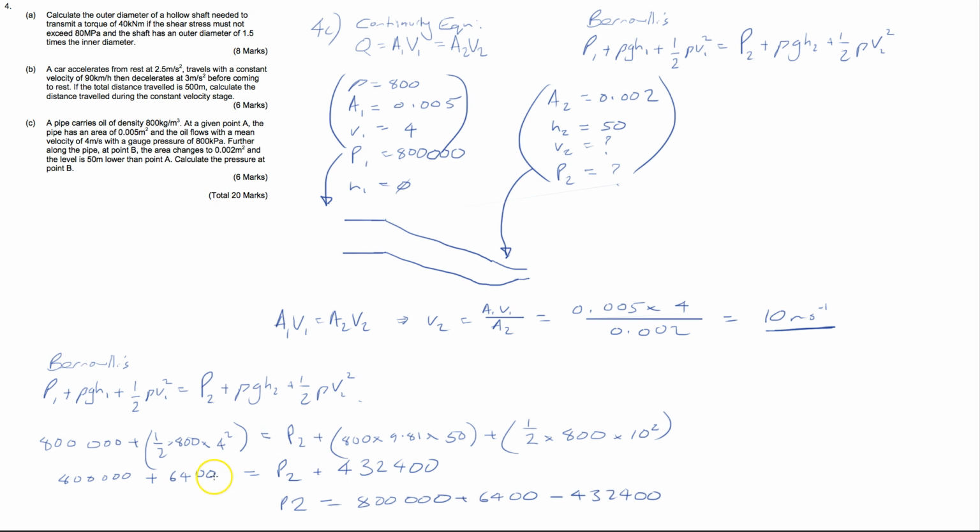Just taking that across to that side of the equation. And then that is going to equal 800,000 plus 6,400 minus 432,400, which is equal to 374,000. So that's 374 kilopascals.